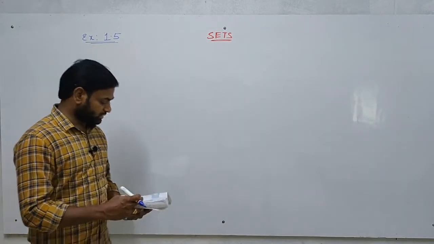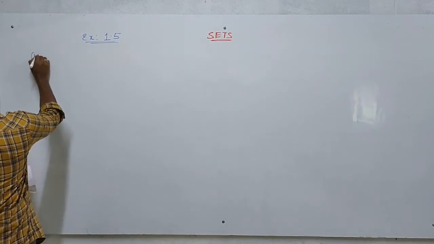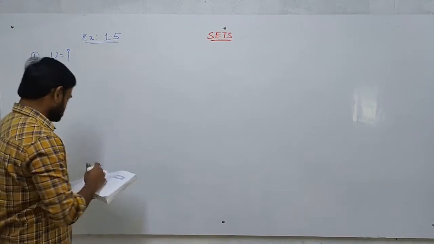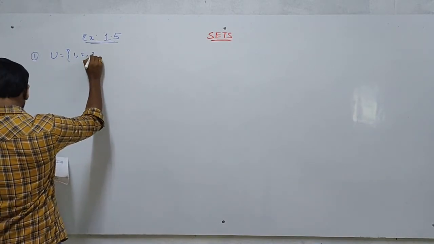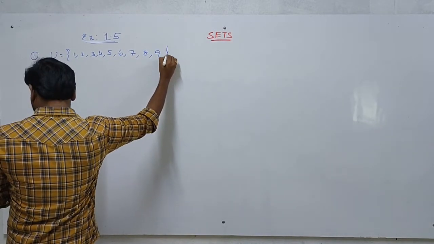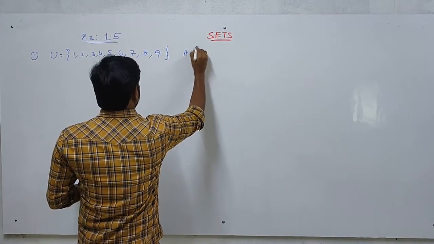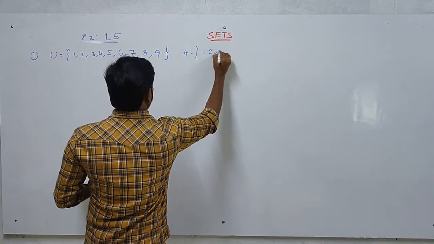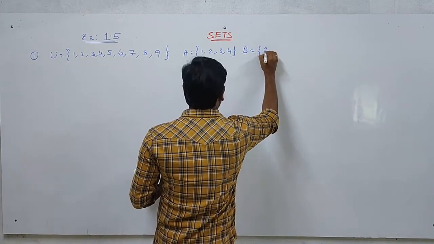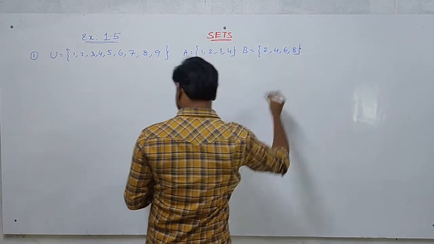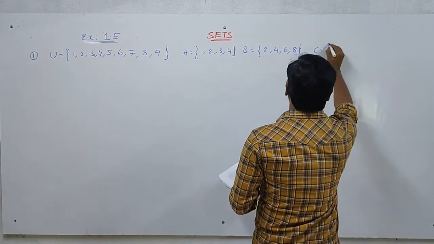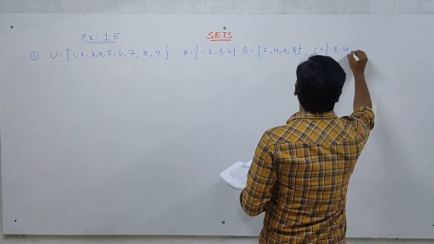See here, the first column is: U, that is, the universal set, is 1, 2, 3, 4, 5, 6, 7, 8, 9, and capital A equals 1, 2, 3, 4, and B equals 2, 4, 6, 8, and C is 3, 4, 5, 6.